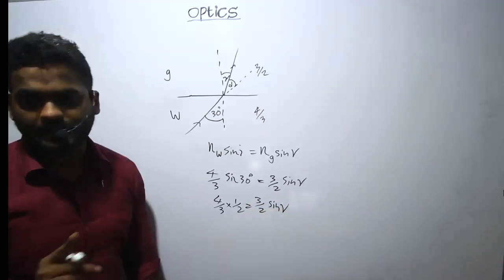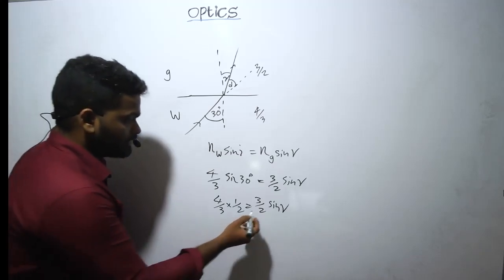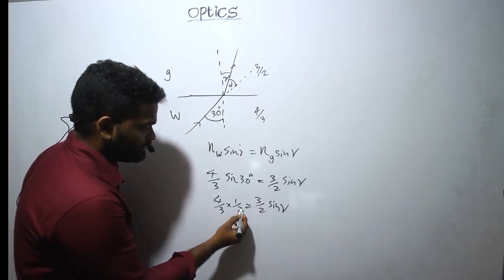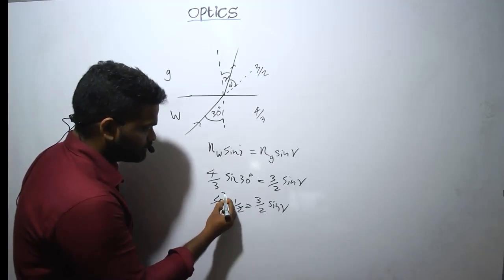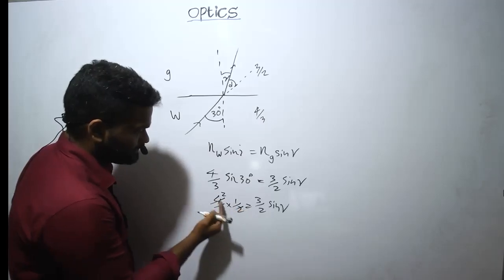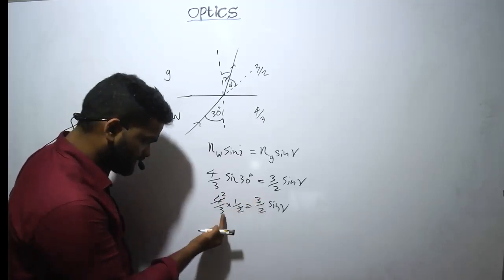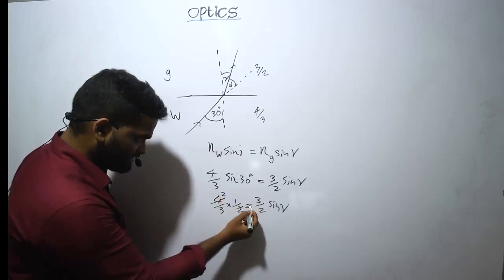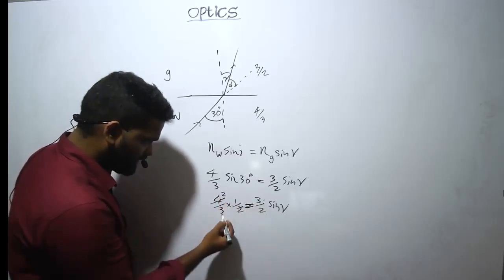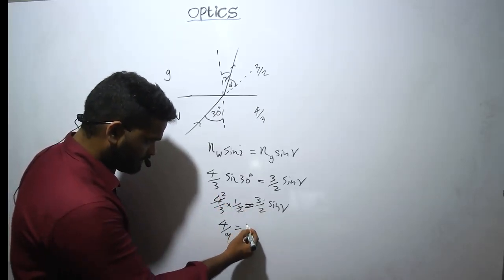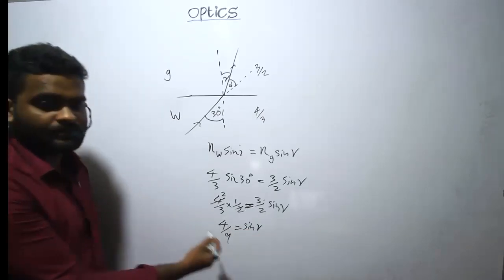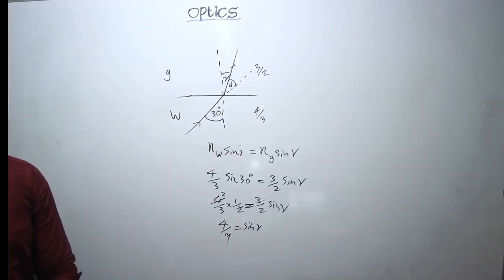Okay, if you don't understand, tell me. So this 2 goes up and cancels. Then you cross multiply, this becomes 4, this goes here, 4 divided by 9. So sin r is equal to 4 divided by 9.